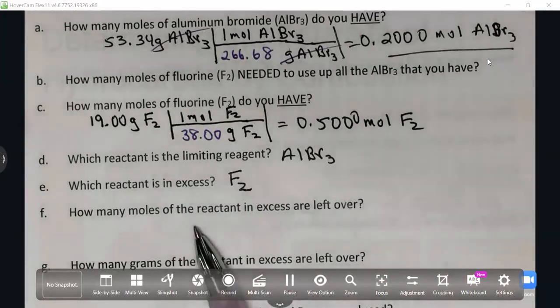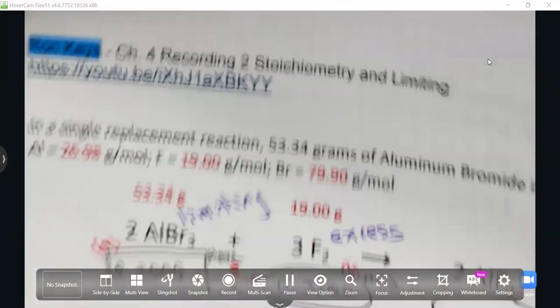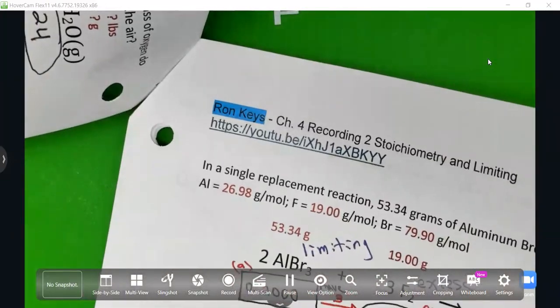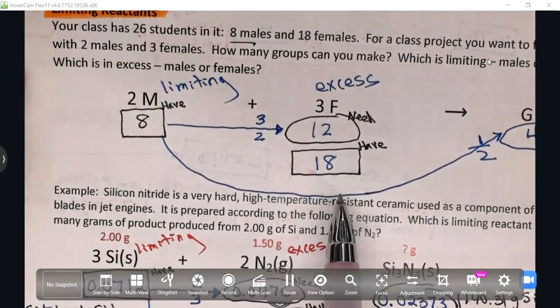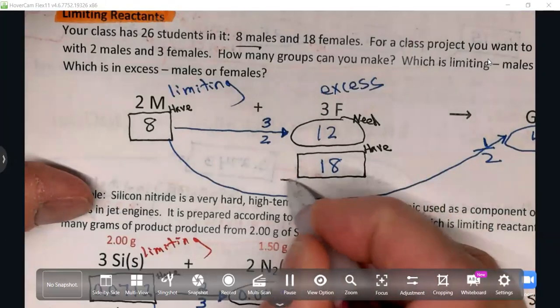Now, this is just like, remember we did the males and females problem, and we had females left over, right? Originally, when I introduced this, way back, it is the same. I just want to point it out. We had 18 females, and we needed 12.